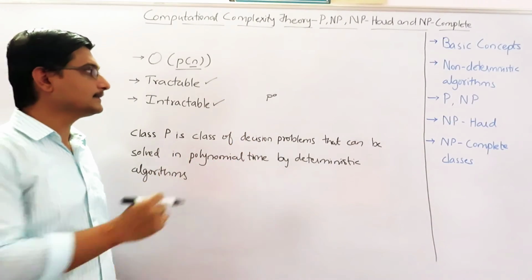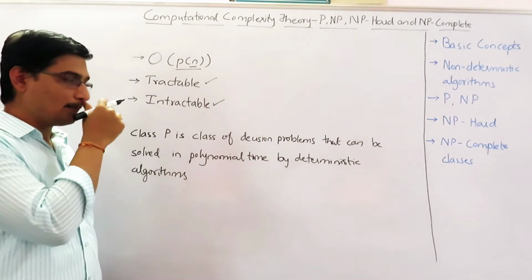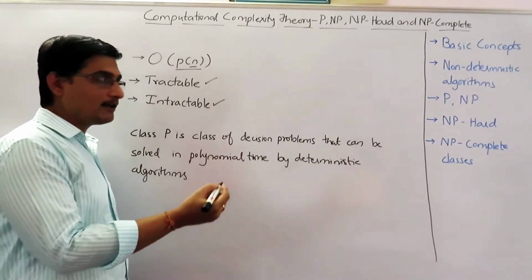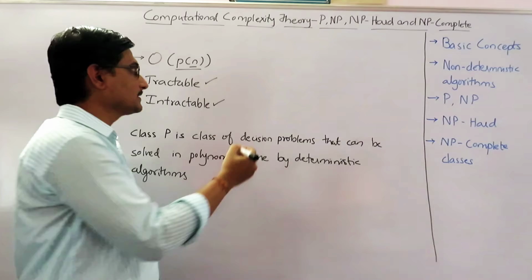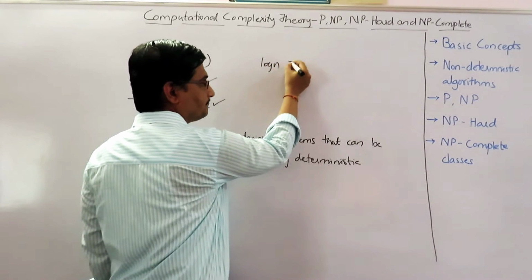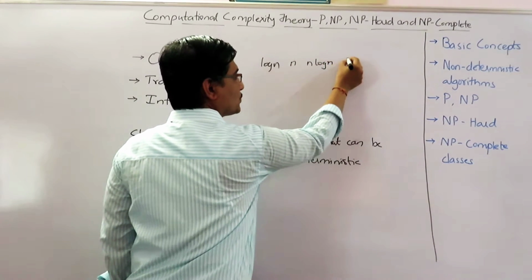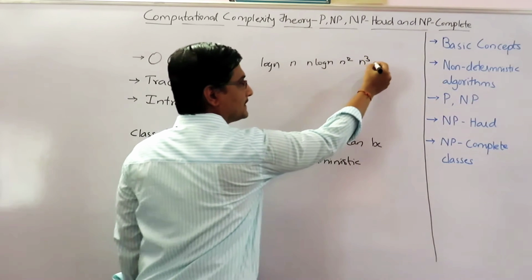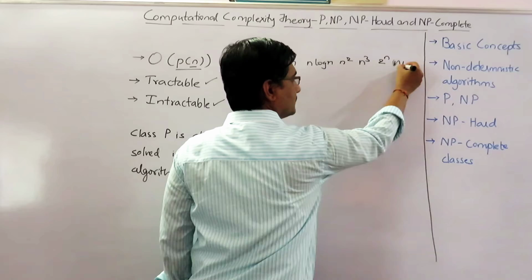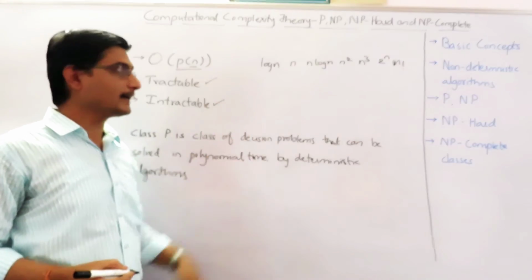And the second reason is the complexity of the algorithms we have discussed so far, which may be log n, n log n, n square, n cube, 2 raised to n, n factorial. The order of growth of different algorithms may fall in these categories.